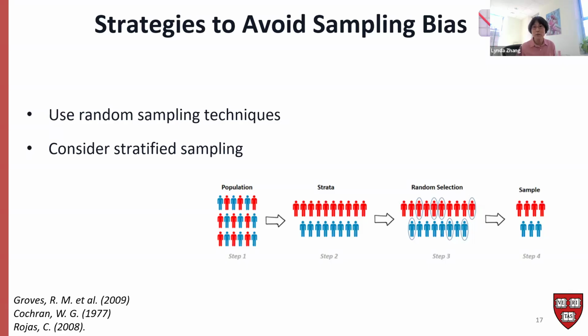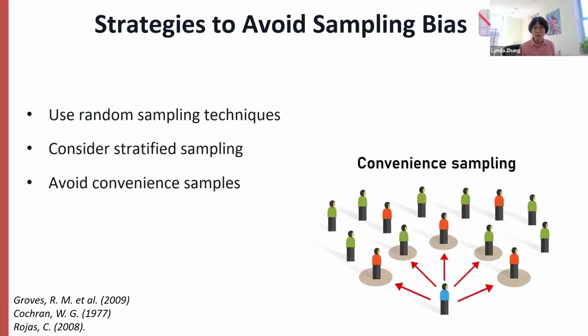For example, if the Harvard population is 50% male and 50% female, you want your sample to mirror that proportion. The third way is to avoid convenience samples, such as setting up a table at Science Center and surveying everyone who passes by Science Center Plaza this week about feedback on Harvard's technology. This approach may overrepresent people who spend more time in public spaces, which will lead to biased results.